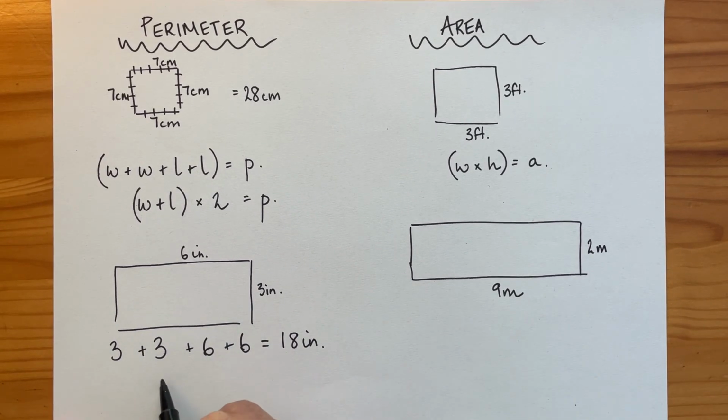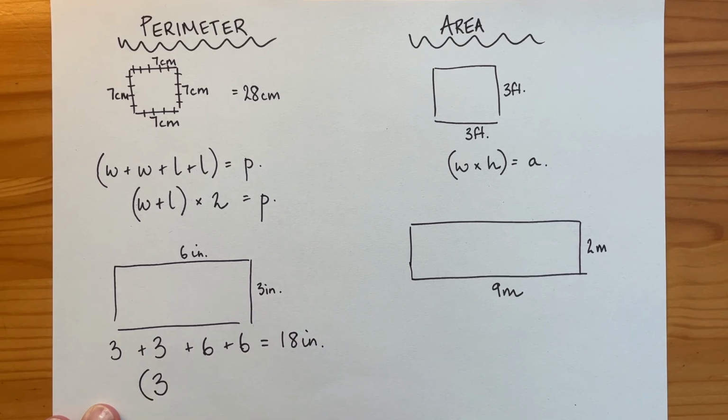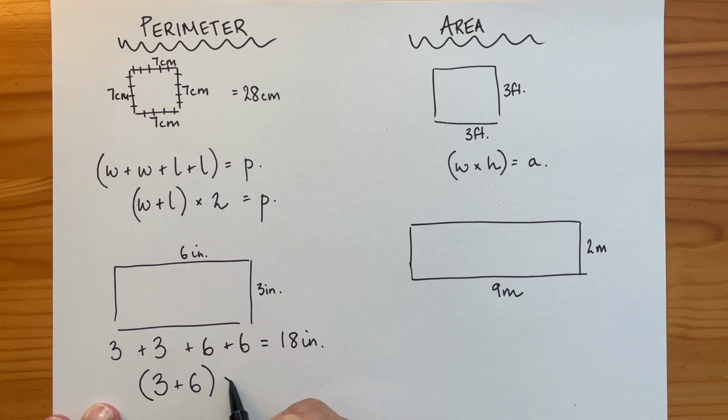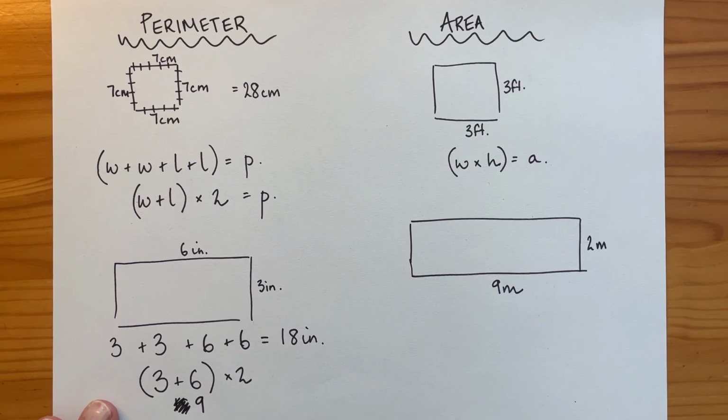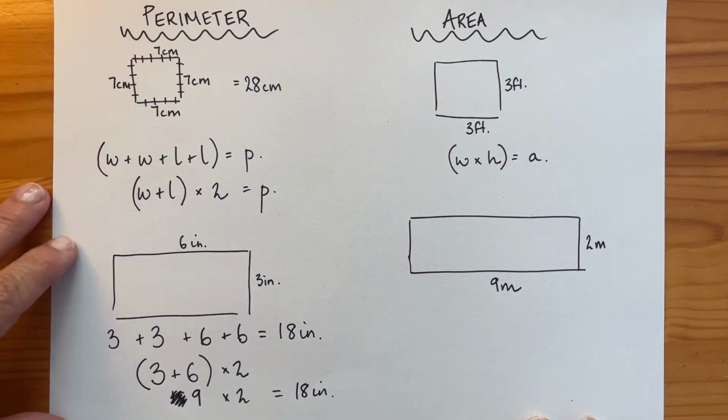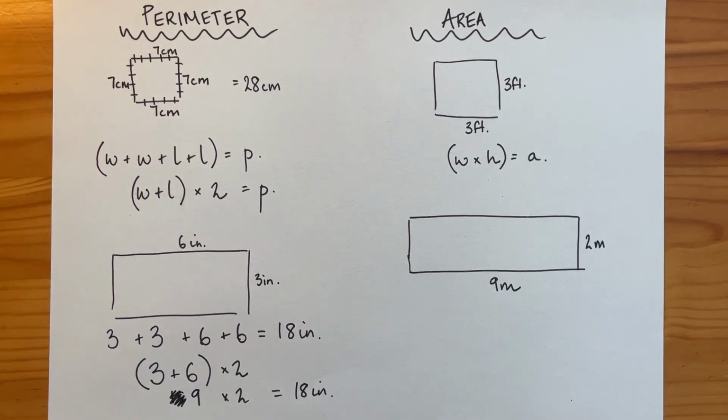Or you could do the width, 3, plus the length, which is 6, times 2. So that would be 6 plus 3, that's 9. And then multiply that by 2, which gives you 18. So hopefully you have the same answer. So you can pick whichever formula you feel best fits how you like to solve this problem.